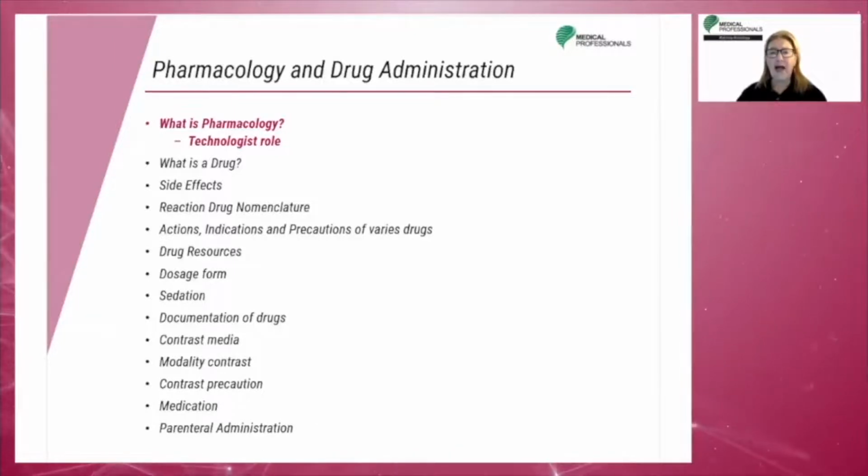Pharmacology is defined as the study of all aspects of drugs, including the origin, nature, effect, and properties of drugs. Technologists should be familiar with frequently used drugs in their departments.